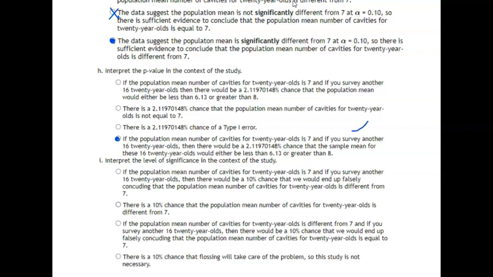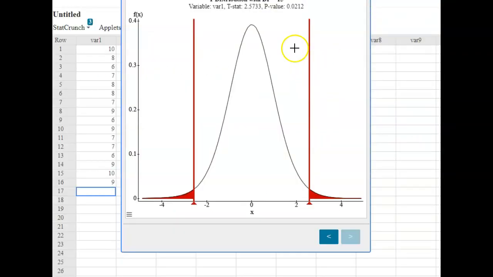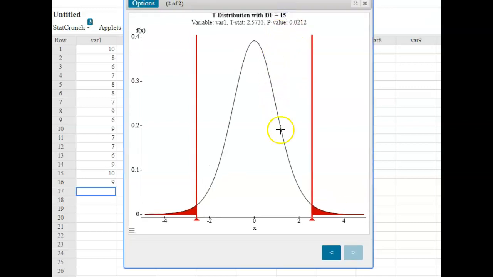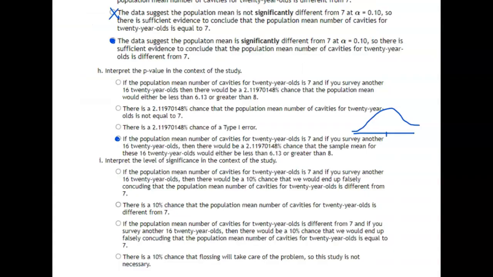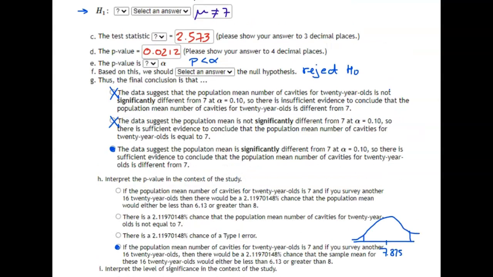So in our p-value plot, the mean was 7.875, and the t-statistic was 2.573, so that many standard deviations on either side.